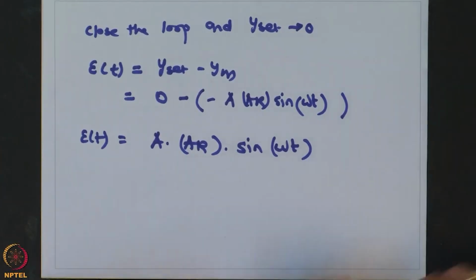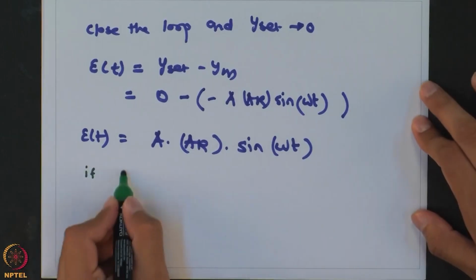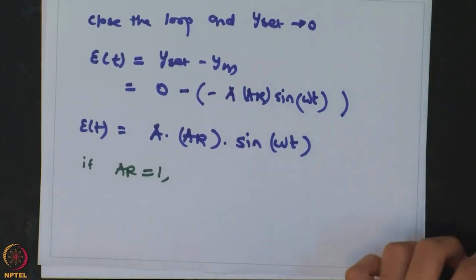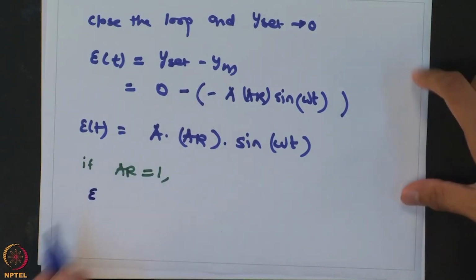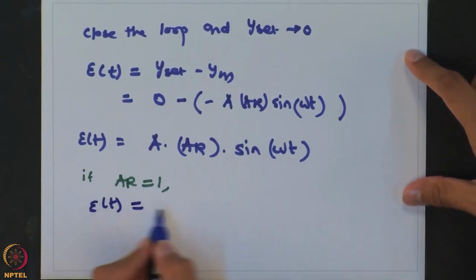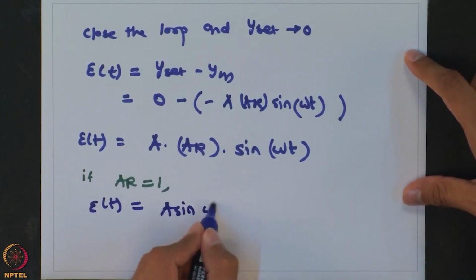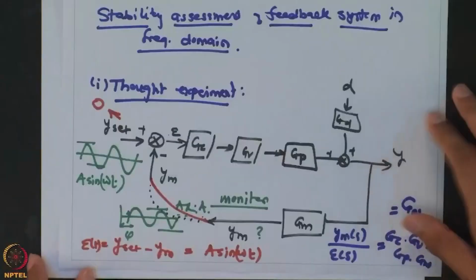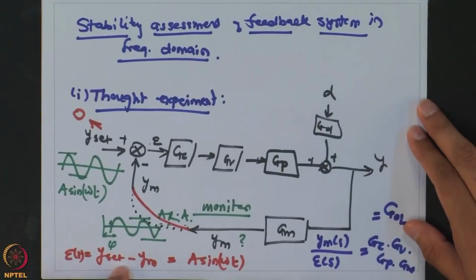So, let us consider that if AR is equal to 1, then epsilon t is equal to A sine omega t. So, you see that epsilon is A sine omega t, which is same as what we had put in earlier.